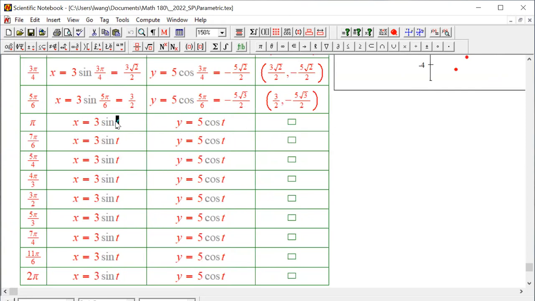The next point is going to be pi. Sine pi is 0, so this is going to be 0, and this over here is going to be -5 because cosine pi is -1. So at time pi, the particle reaches the point 0, -5.